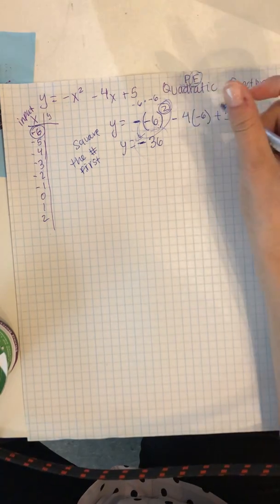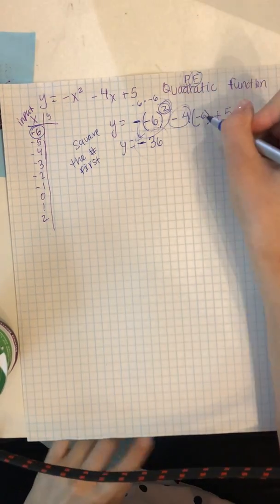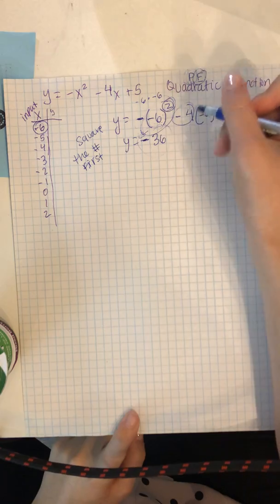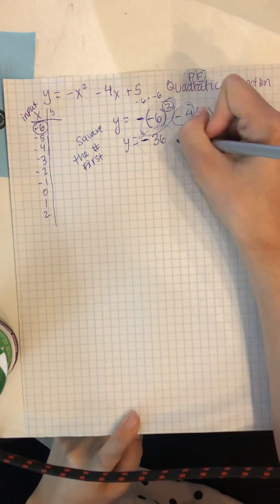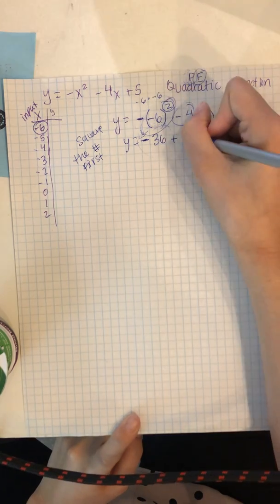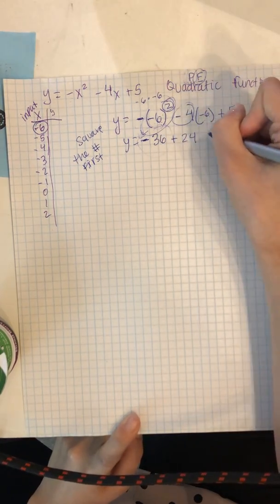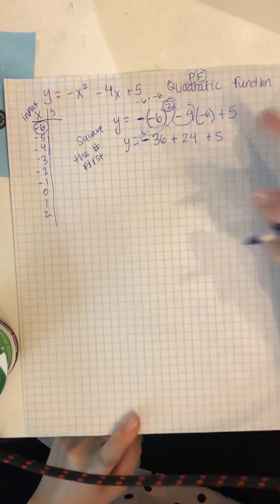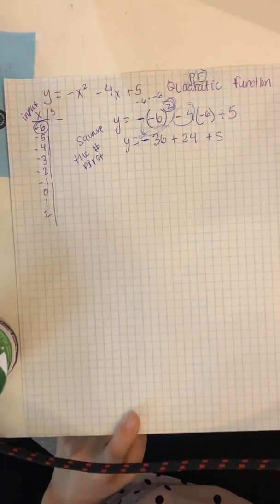Okay, so now I'm going to multiply -4 times -6. And a negative times a negative is a positive. And then 4 times 6 is 24. Okay, and then plus 5 because I didn't use that yet.